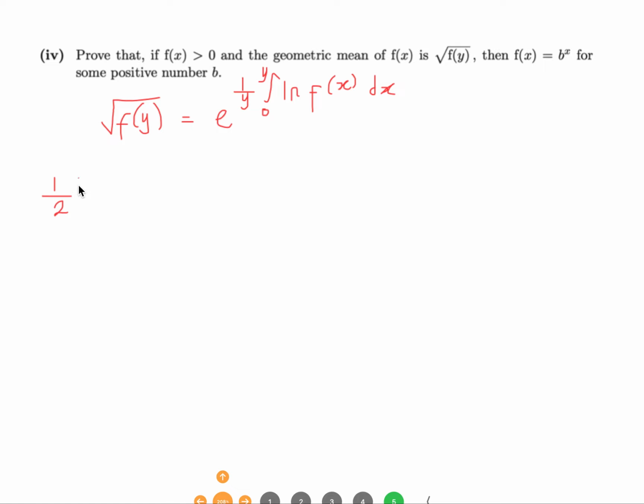half ln of f of y equals, if I natural log this, 1 over y times the integral of ln of f of x.